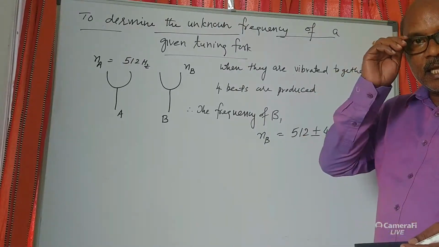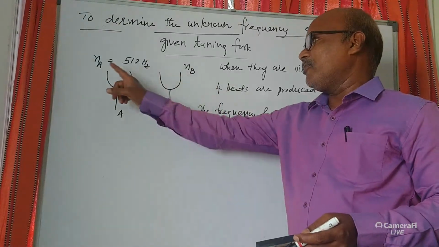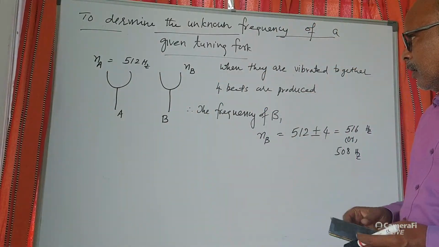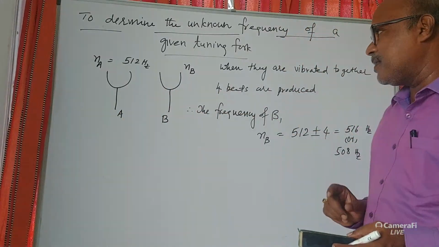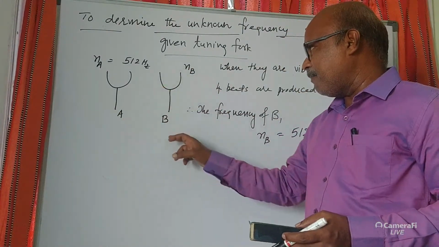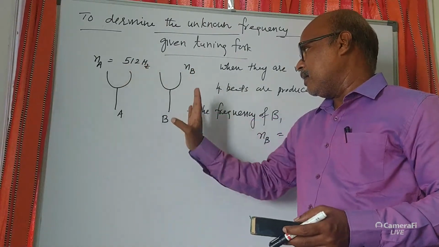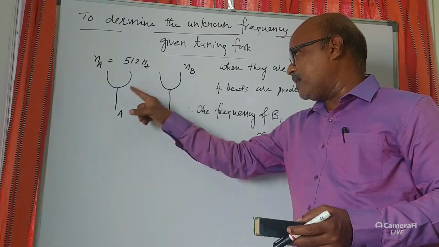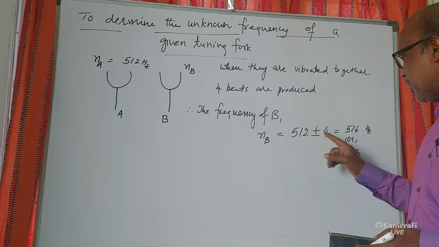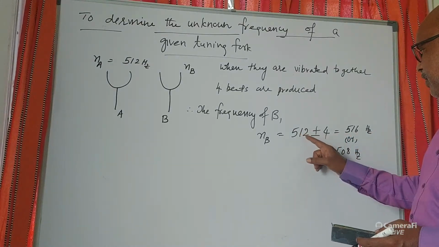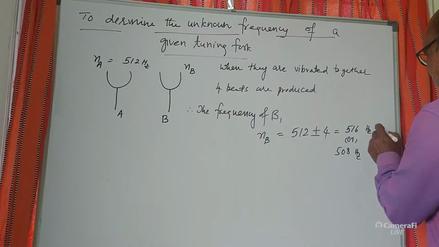Beat frequency is nothing but it is the difference in the frequencies of A and B. So if it is 512 hertz, if they are vibrated together, 4 beats are produced, means the frequency of B is more or less than this A, means the difference in frequencies must be 4, nothing but frequency of B, either it may be 516 hertz, 512 plus 4 or 512 minus 4. There are two chances here.